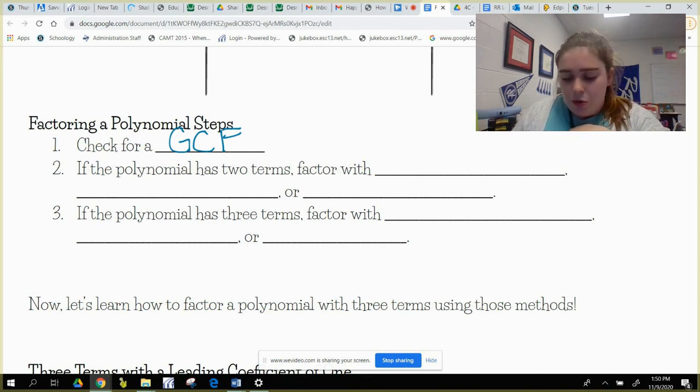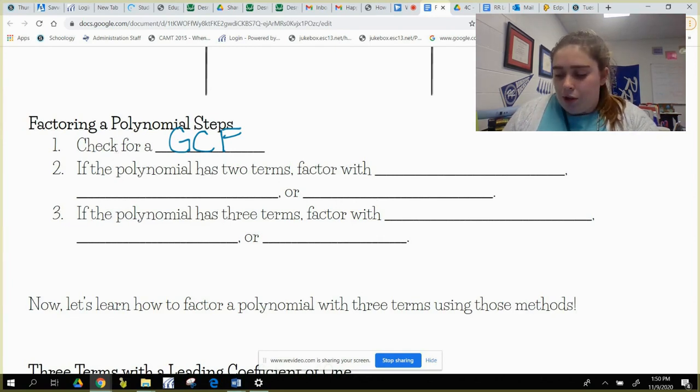Number two, the next thing we're going to do is if the polynomial has two terms, we're going to factor with, and here's where we list the methods we learned yesterday. For binomials, or a polynomial that has two terms, we talked about three different methods.